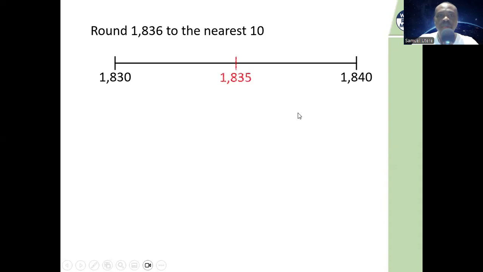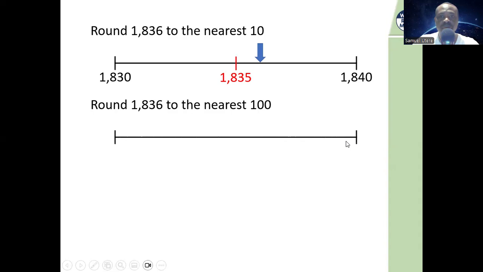Halfway between them is 1835. Now, the number 1836, you clearly see that it is closer to 1840. So we would say 1836 to the nearest 10 rounds to 1840.